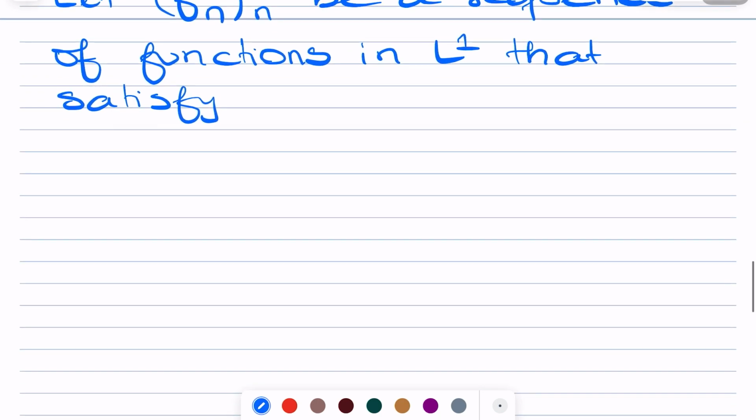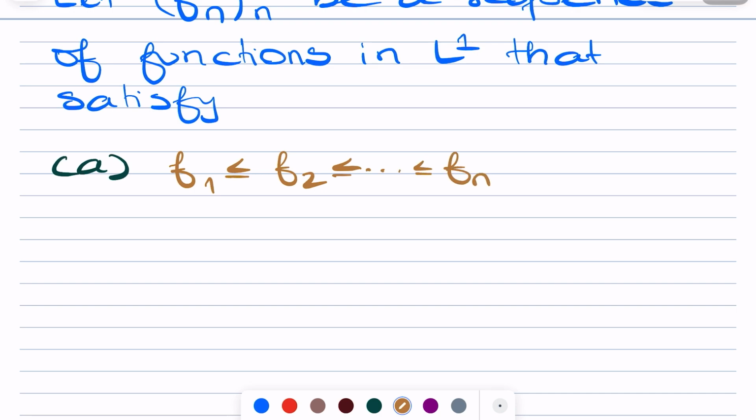The sequence should be pointwise increasing up to a null set. So we should have f1 less or equal than f2 less or equal than Fn, which is less or equal than Fn plus 1, and so on. This should hold almost everywhere on omega.